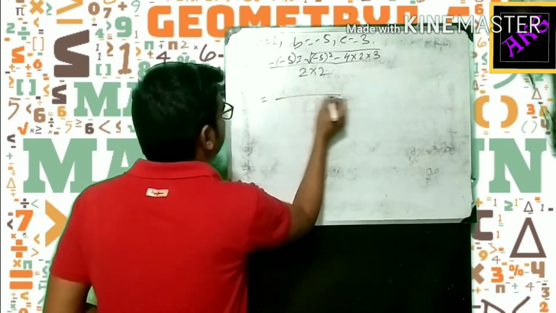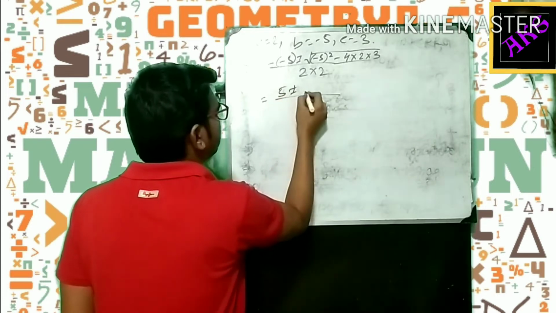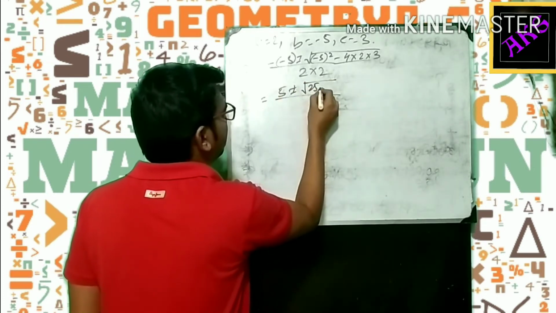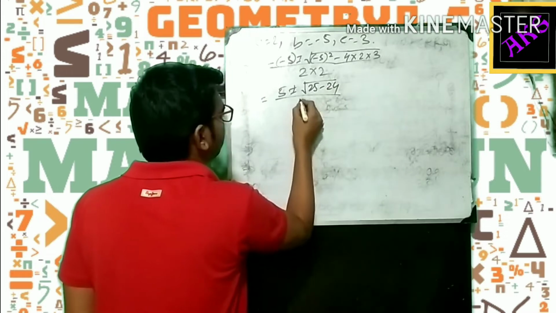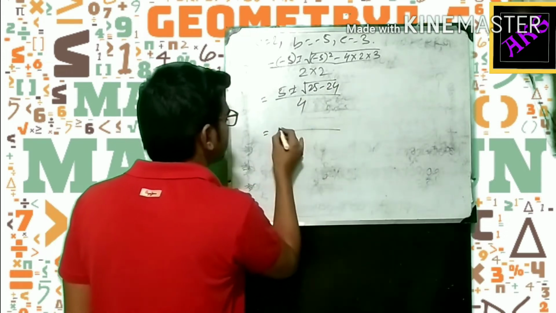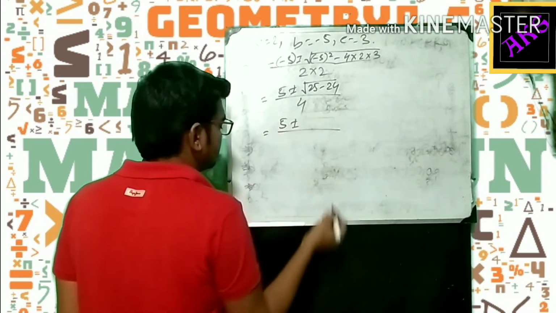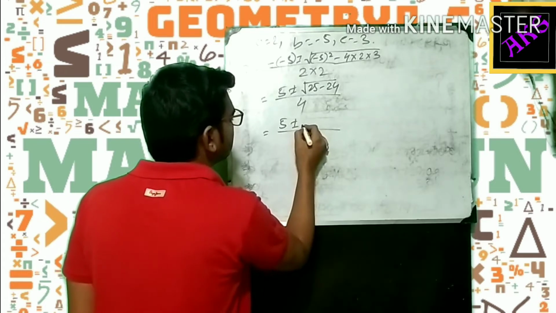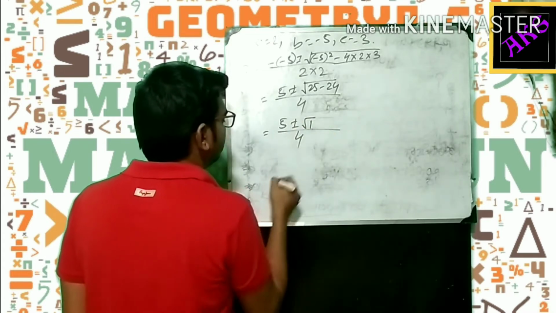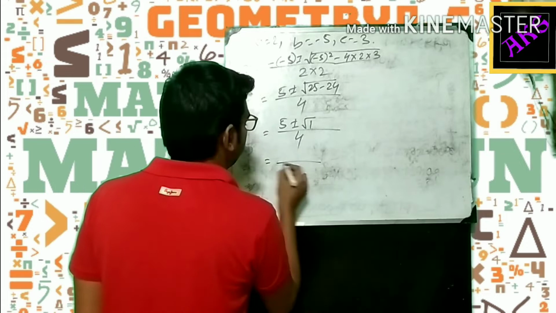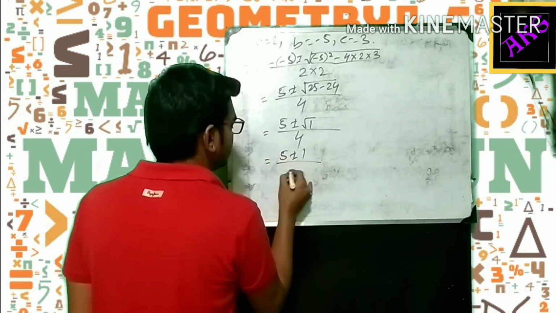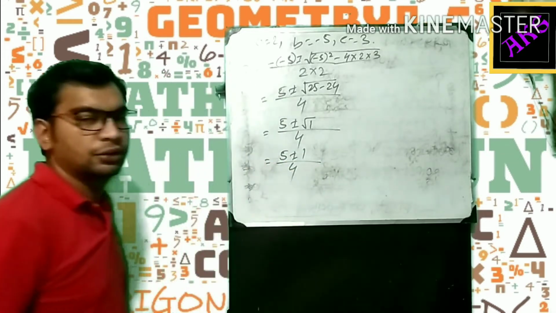Here we get 5 plus minus root over 25 minus 24 by 4. That means 5 plus minus root over 1 by 4. 5 plus minus 1 by 4.